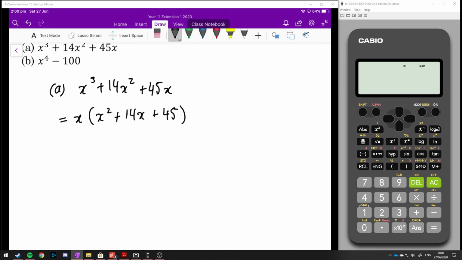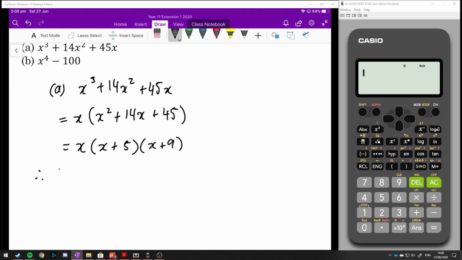Now, what we can do with this one is factorize the right-hand side by using our monic trinomial factorizing. So we think to ourselves, what are two numbers that multiply to 45 and add to 14? And we're hoping that x plus 5 and x plus 9 are the ones that are jumping out, because 9 times 5 is 45 and 9 plus 5 is 14.